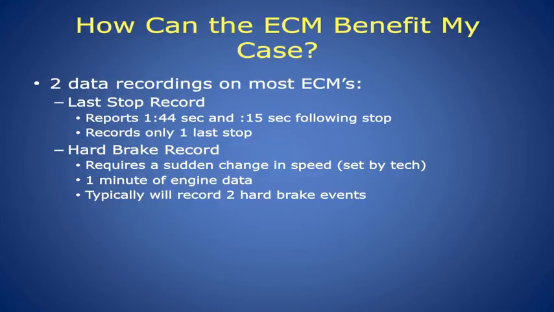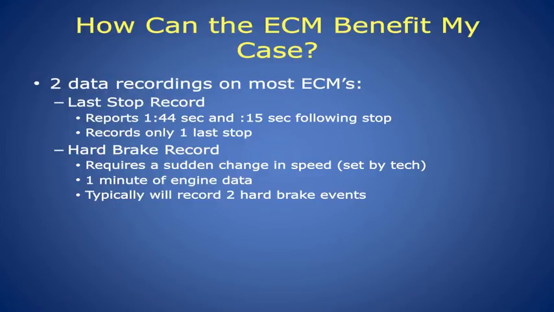Most of the time we find what's called the hard brake record. The ECM holds two of those brake events. It's a sudden change in speed, which is set by the technician. Say there's a change of 7 miles per hour deceleration in 1 second, it's going to record a hard brake event.